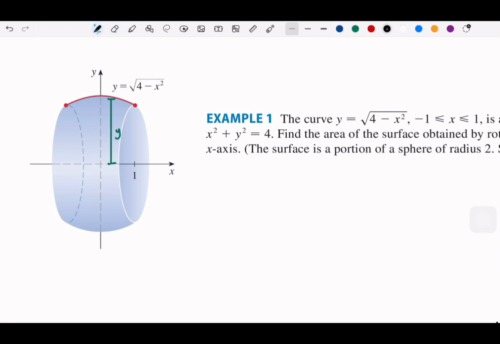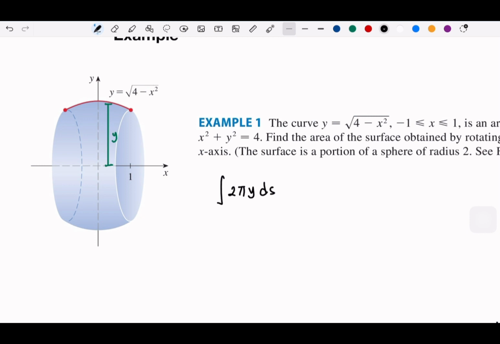So this will be 2 pi y dx, right? Integrate like that. And since we have x already explicitly mentioned, maybe we try to find according to dx. So we integrate with respect to x.